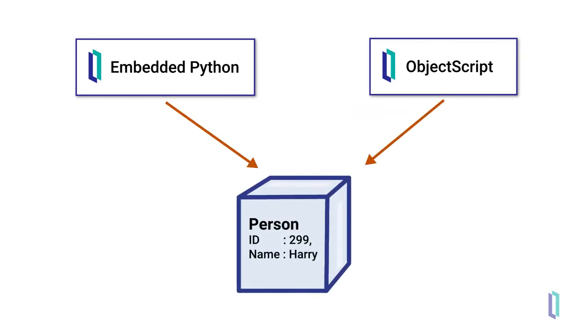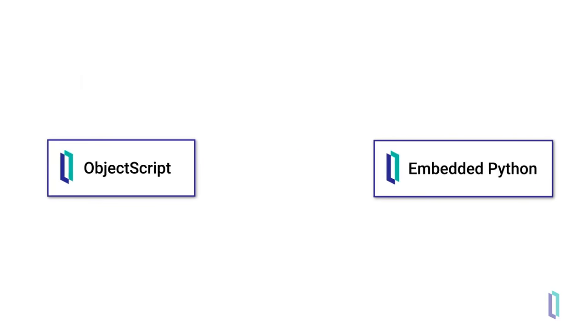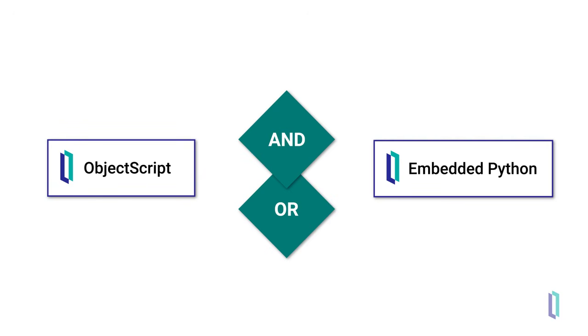Because both ObjectScript and Python operate on the same object memory, it can be said that Python objects do not just emulate ObjectScript objects, they are ObjectScript objects. This co-equality of these languages means you can choose the language most appropriate for the job, or the language you are most comfortable using to write applications.